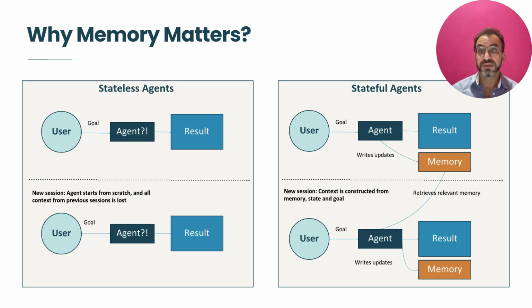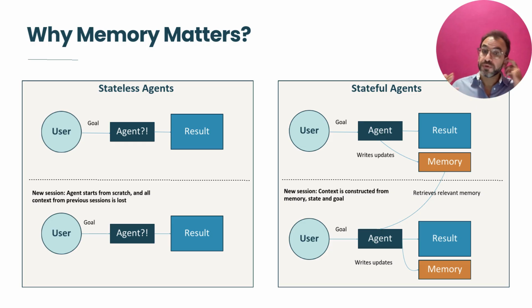Here in this example, we see on the left side a stateless agent. Let's name it agent for the moment. On the diagram, we see the user request goes to the agent with a goal, and the agent will produce a result. But when a new session comes in, we see that the agent restarts from scratch as if it has no history because it has no memory here.